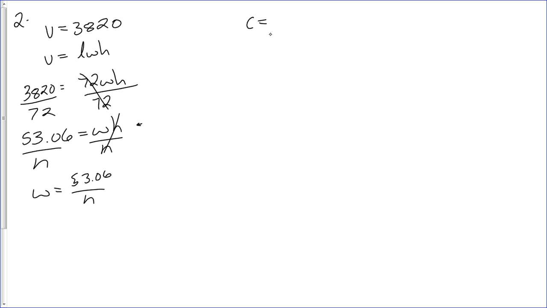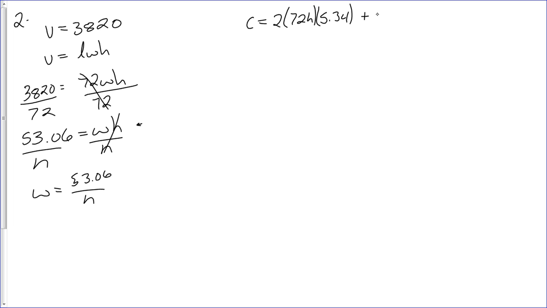All right. Now we need to figure out the cost of this box. Well, we know that the length is 72 inches. So we know that the front and back face, there's going to be two of them, the total area is going to be 72 times H. And then you have to multiply that by what it costs to build it, which is $5.34.